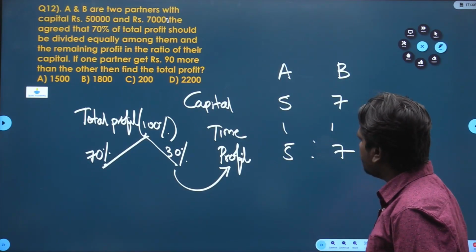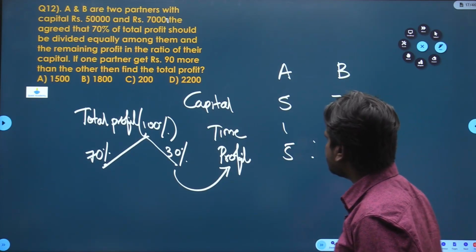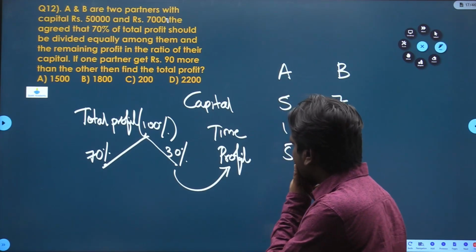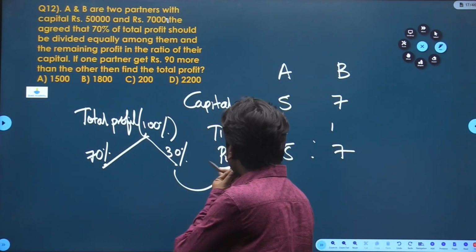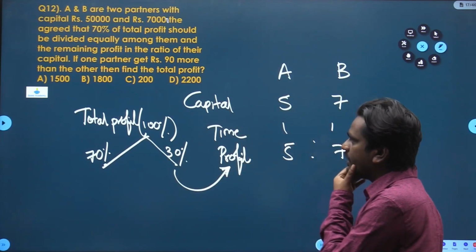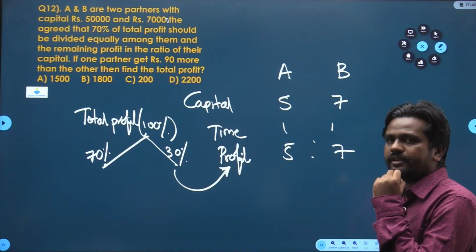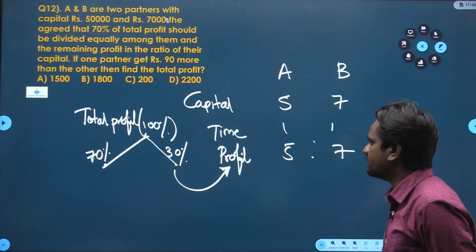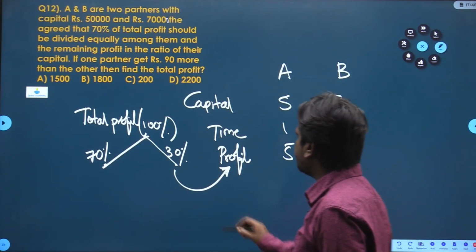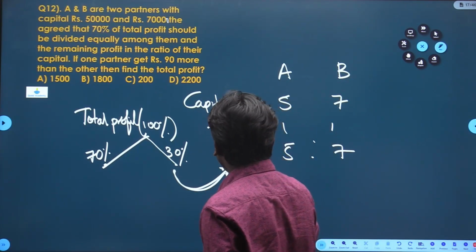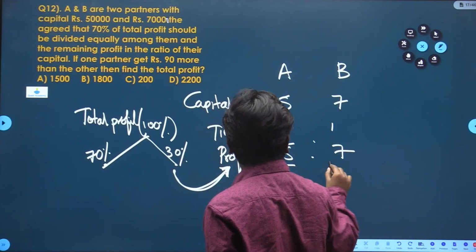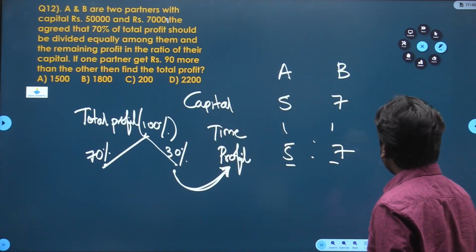So now what we will do is, the heart of the question lies in how we are assuming this 100%. The 30% will be distributed according to the capital ratio.